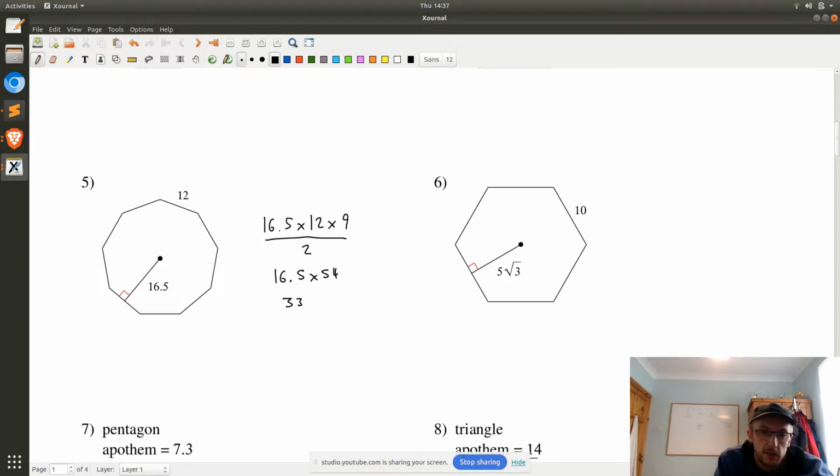Double that and halve that. So 891. The apothem times the side length times the number of sides, and then all of that divided by 2. So that's 30 times that, so that's 150 root 3. And there you go.